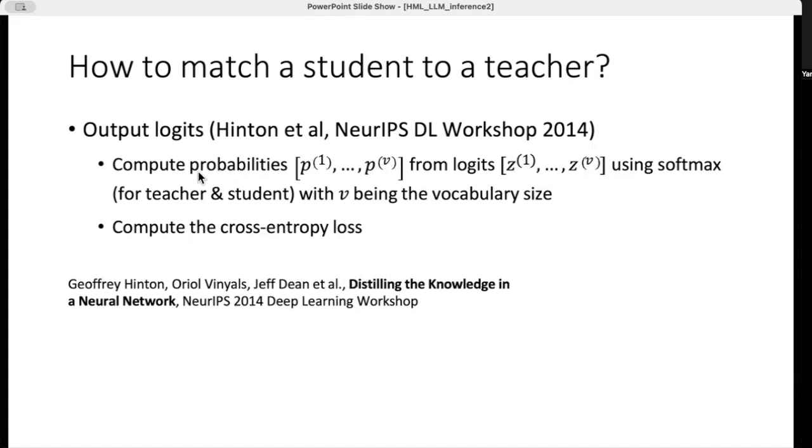So basically, we want to compute the probabilities using the softmax from the logits. If you think of it as next token prediction for languages, then each Z stands for a word, right?